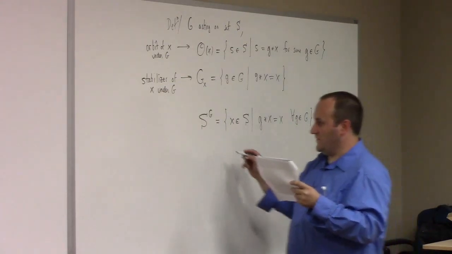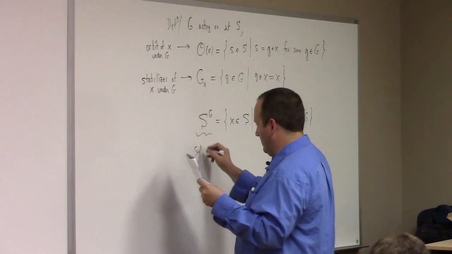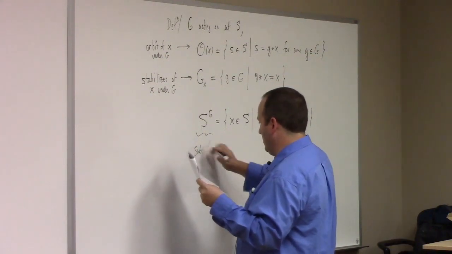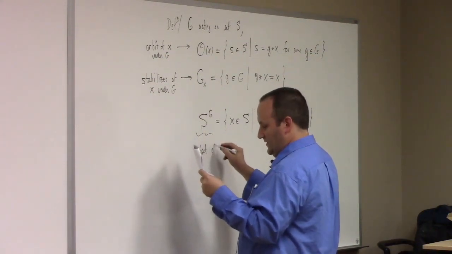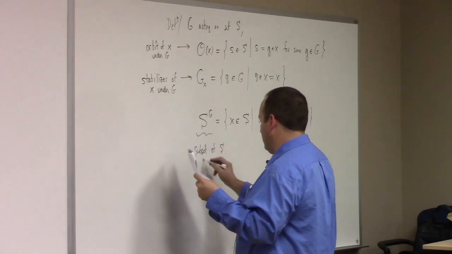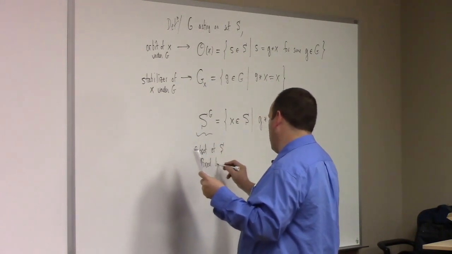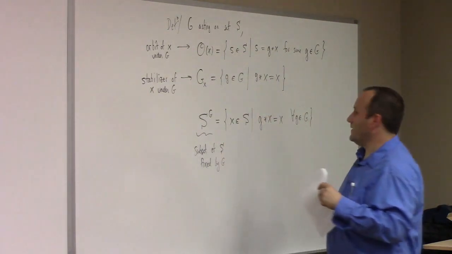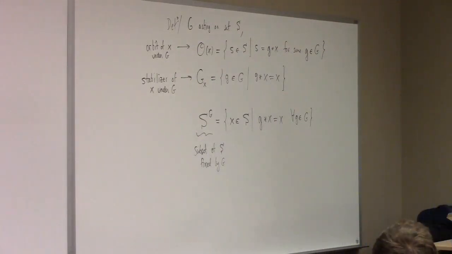This is called the subset of S fixed by G. All right. The orbit and stabilizer, I think, are important. Probably the most important to the discussion here.